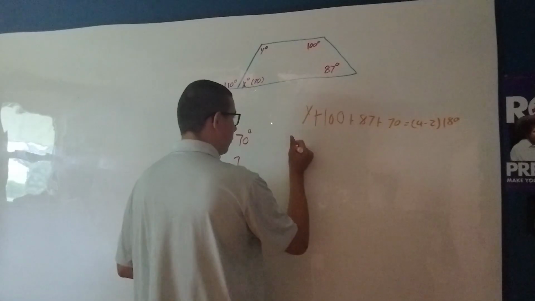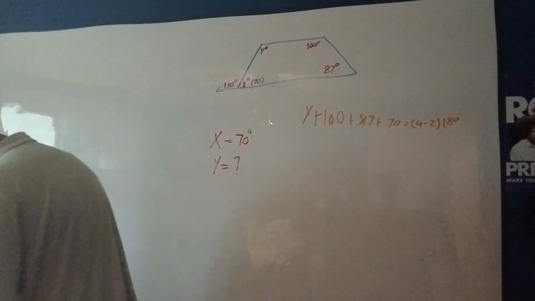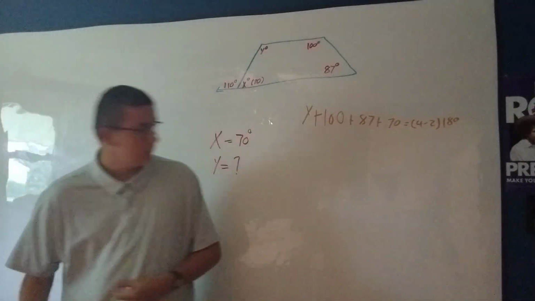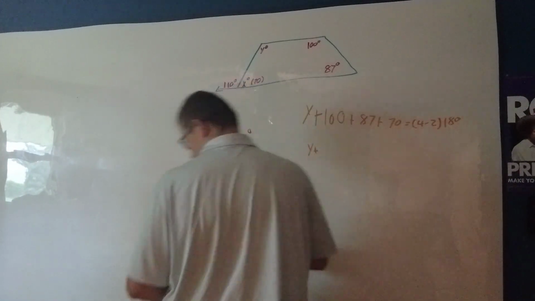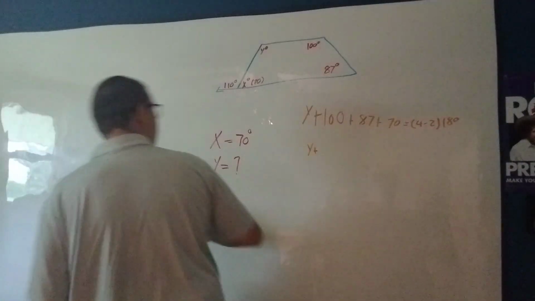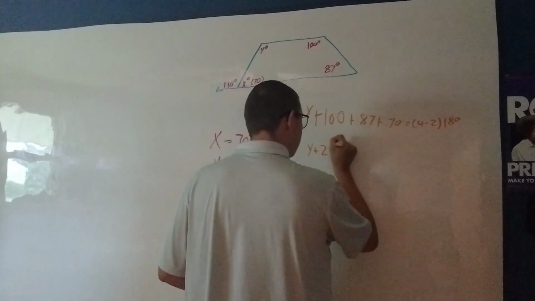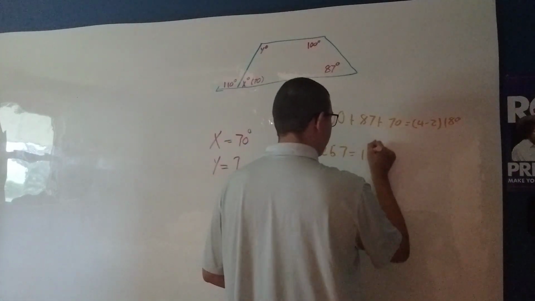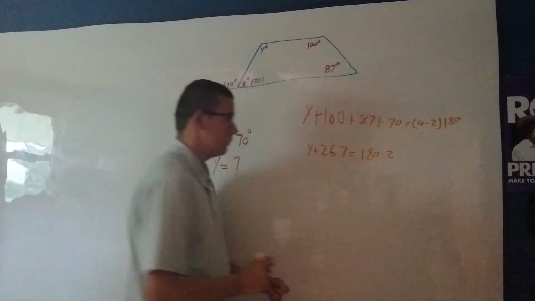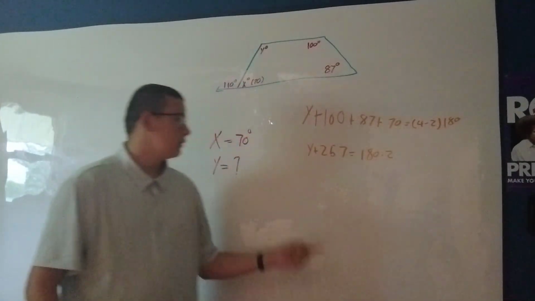So here, when we simplify this down, we get y plus, what was it, 257 equals 180 times 2, because when you subtract, right?